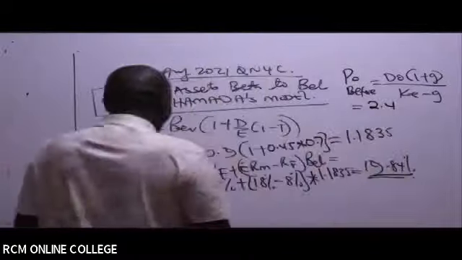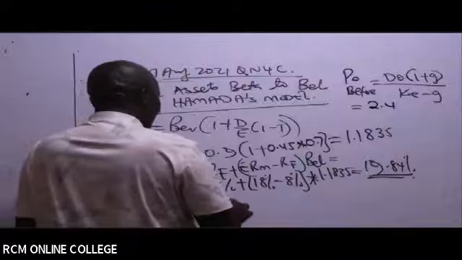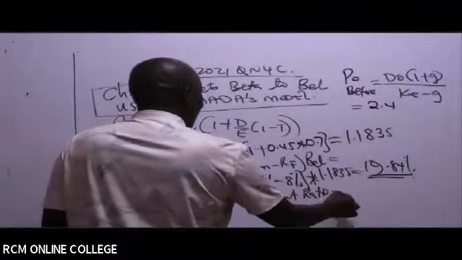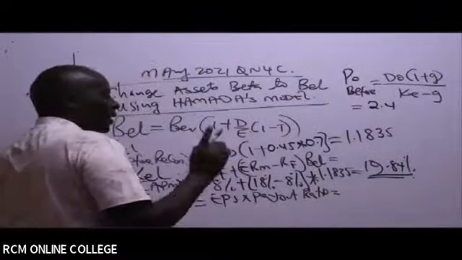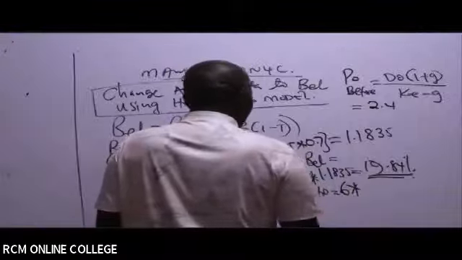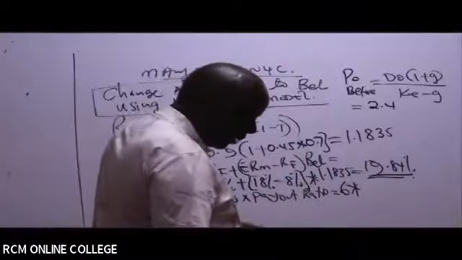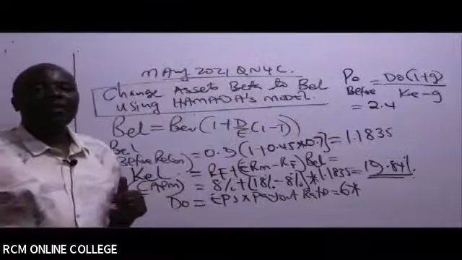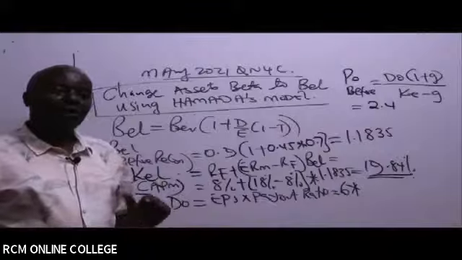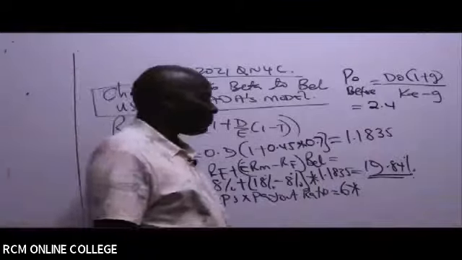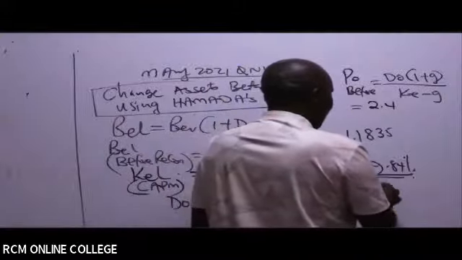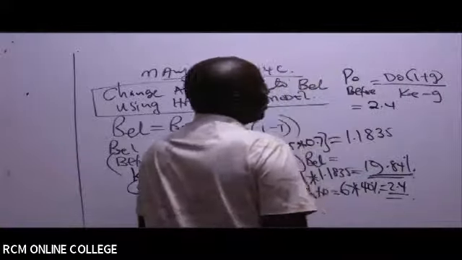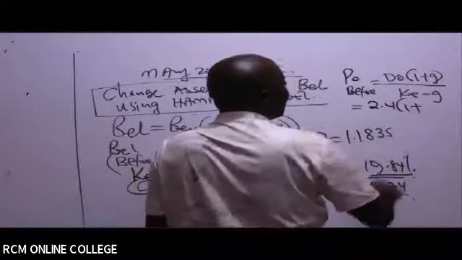They have told us the retention ratio is 60%, so they are paying 40%. So 6 times 40% gives us 2.4. That is what we are using as our DO into 1 plus G.